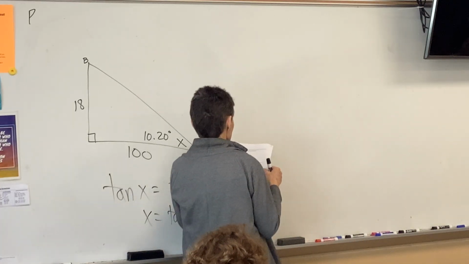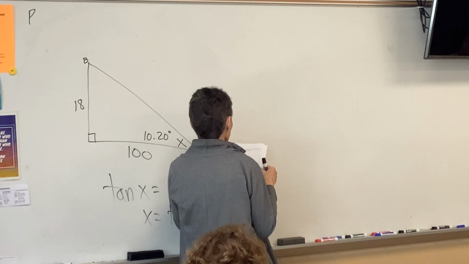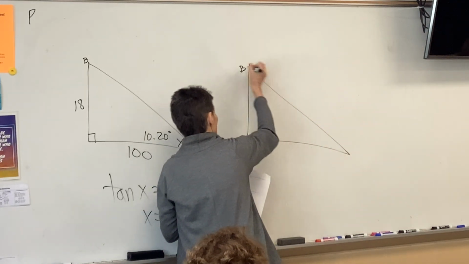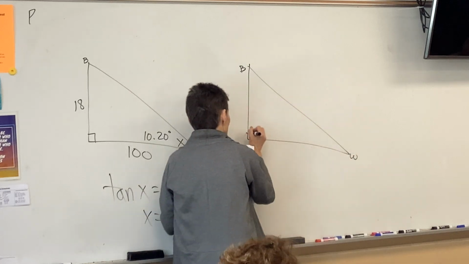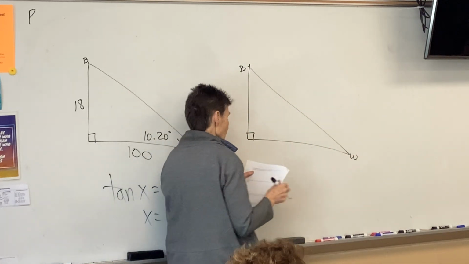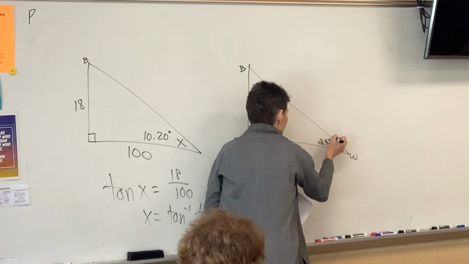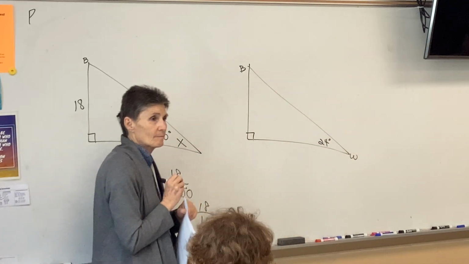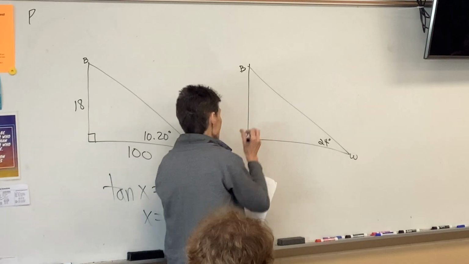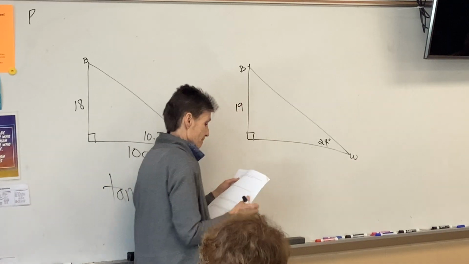Find the distance from a worm on the ground to a bird in the top of the tree. Here's the bird, here's the worm. The bird's angle of depression is 24 degrees. And the tree is 19 feet tall.